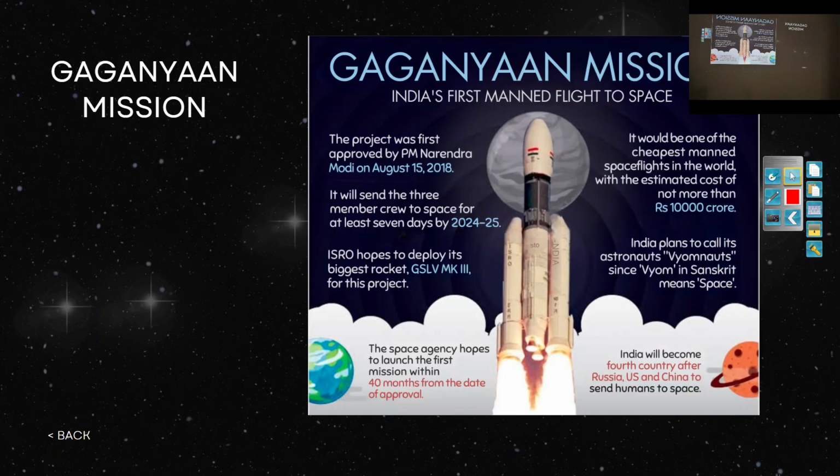They will use the LMV-3, Launch Vehicle Mark III, for the Gaganyaan mission. Three only, plus that robot will be there, I think. Yes, it is 3 astronauts only.